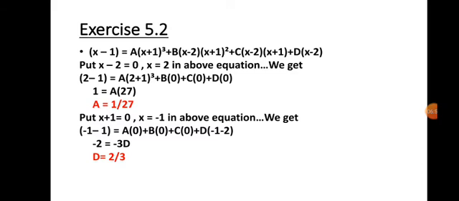So by putting the linear factors equal to 0, we got two values, A is equal to 1 over 27 and D is equal to 2 over 3. But we only have two linear factors, so we can only deduce two values.